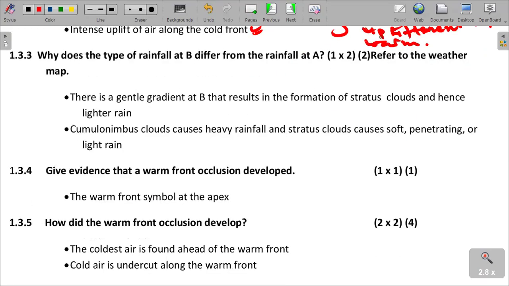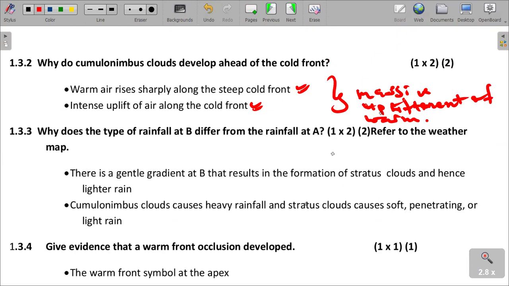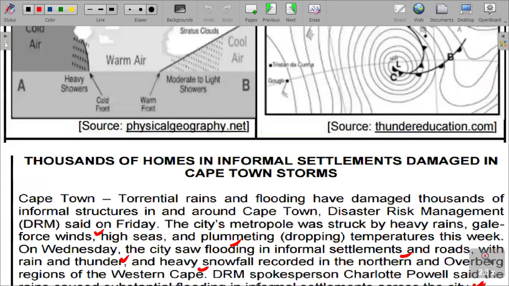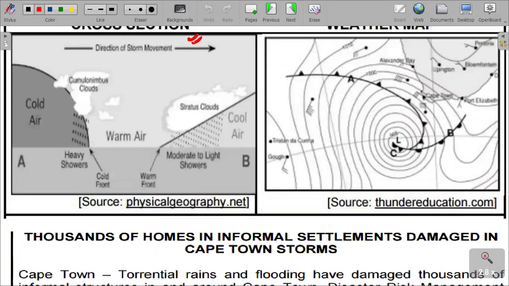And then, why does the type of rainfall at B differ from the rainfall at A? Refer to the weather map. If we look in the diagram there, in A we have got heavy showers, and here in B we have got moderate to light showers.